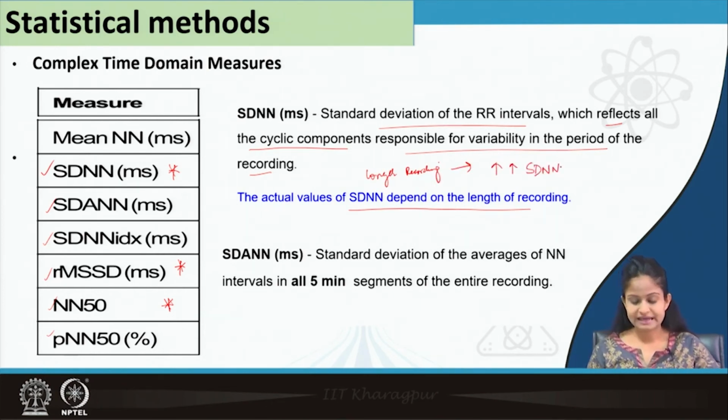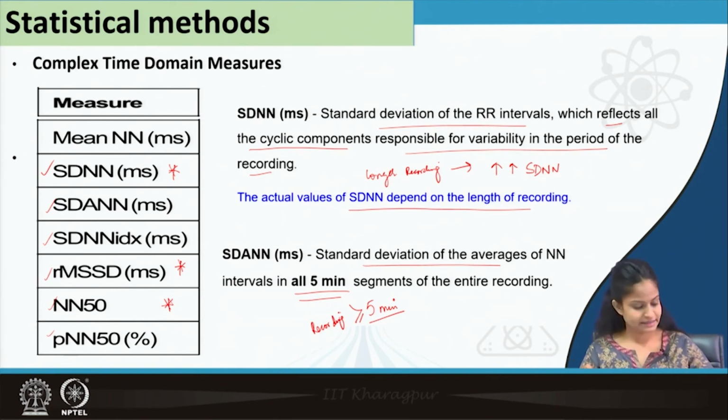Then SDANN, where A stands for average, is the standard deviation of the averages of NN intervals in all 5-minute segments of the entire recording. To get this index, we need at least a 5-minute recording, or the recording should be greater than or equal to 5 minutes. If the recording is less than 5 minutes, we will not be able to get this index.